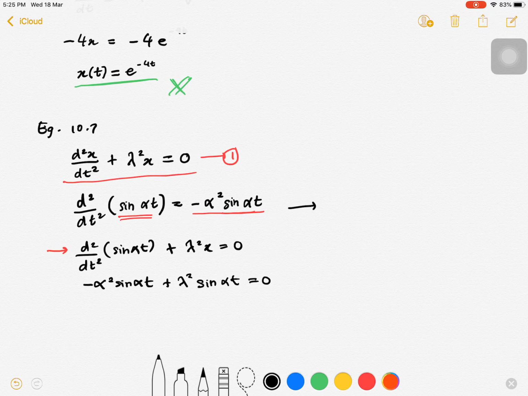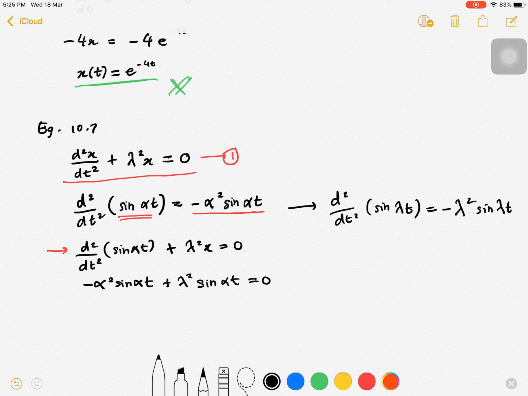We can change to d2 dt2 sine lambda t equal to negative lambda square sine lambda t.